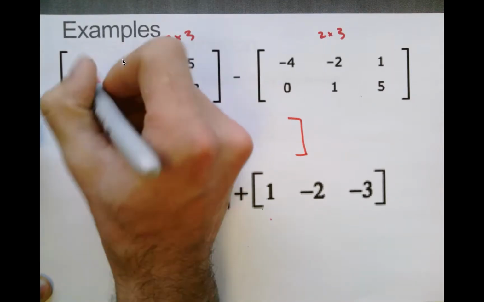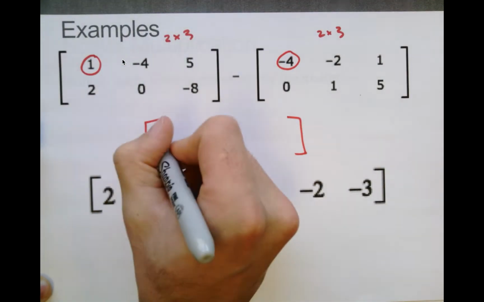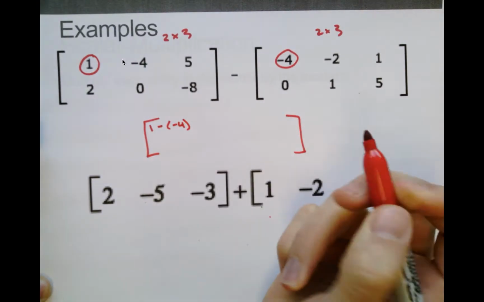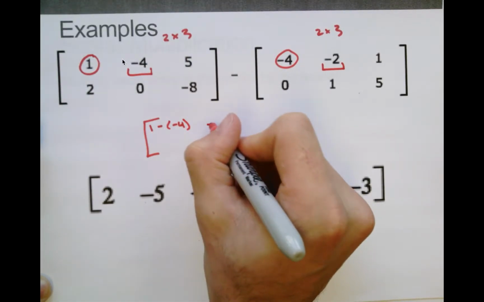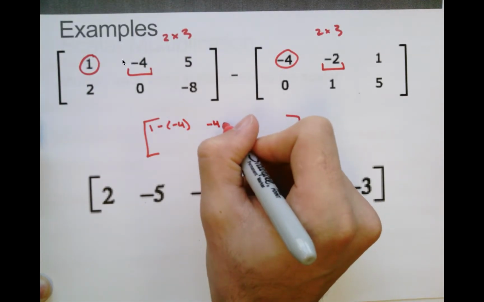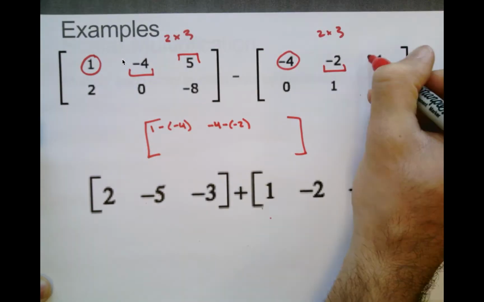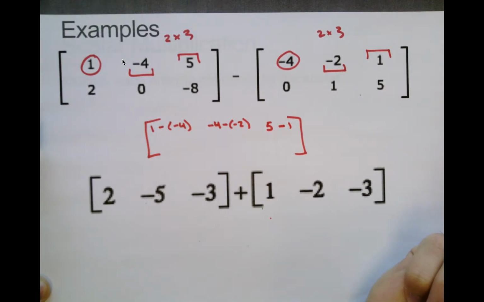So, top left corner, first row, first column, I'm going to subtract these two numbers. 1 minus negative 4. Next, I'm going to do negative 4 minus negative 2. That would be first row, second column. Last but not least, I'll have 5 minus 1 in the first row, third column.